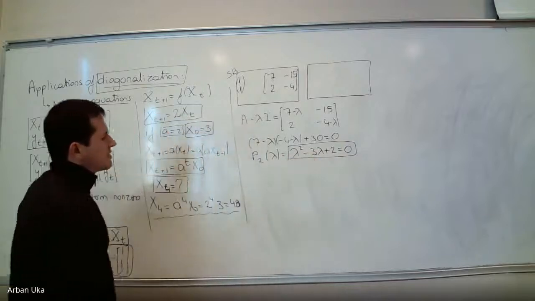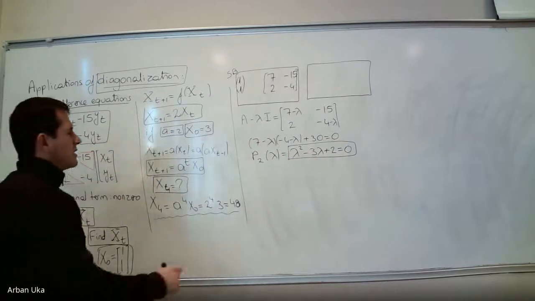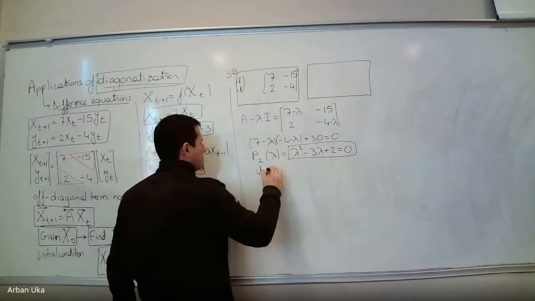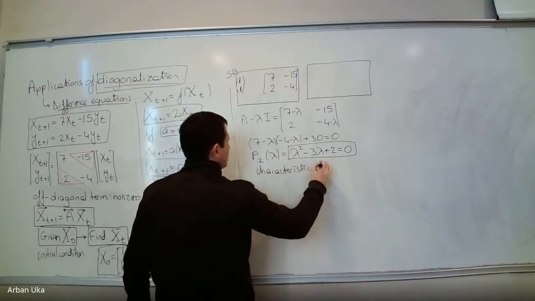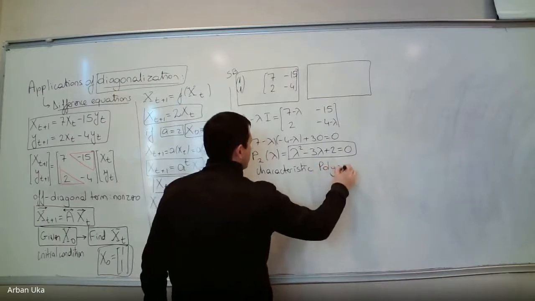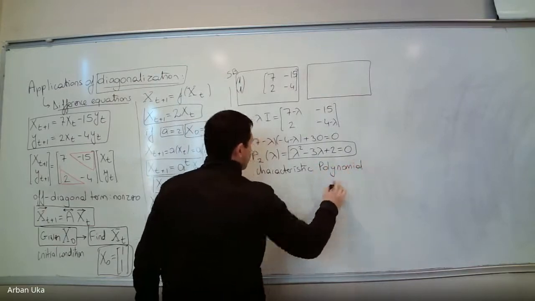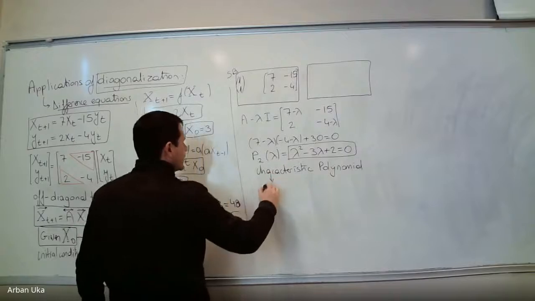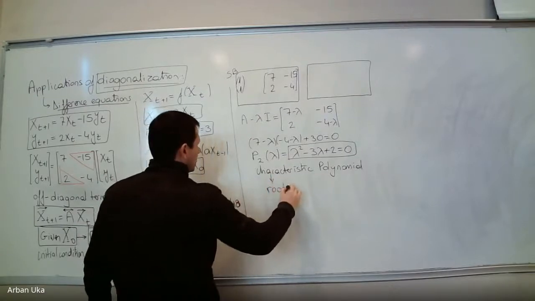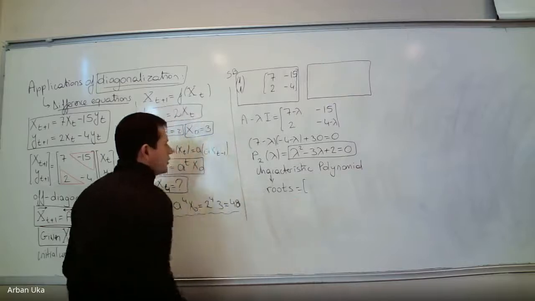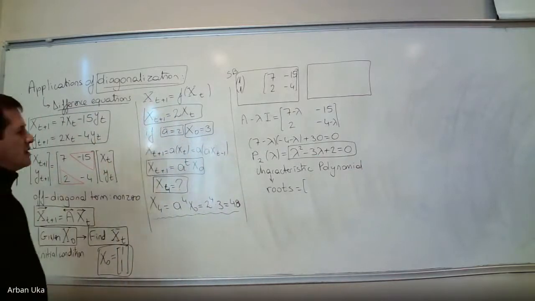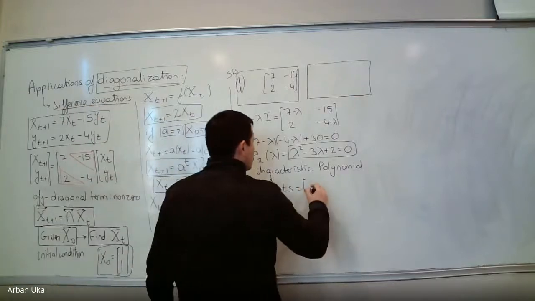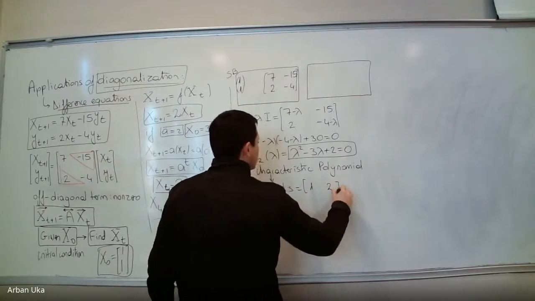So we have to look for the roots of the characteristic polynomial. They are the eigenvalues of the system, and they are 1 and 2.